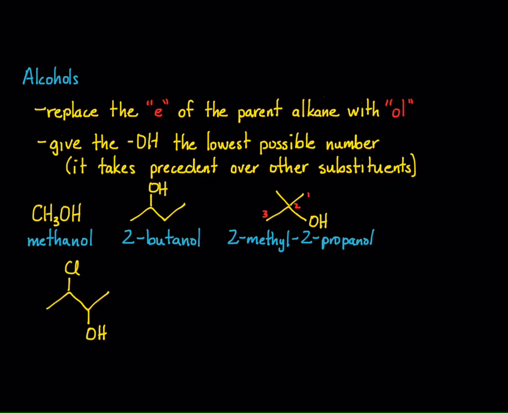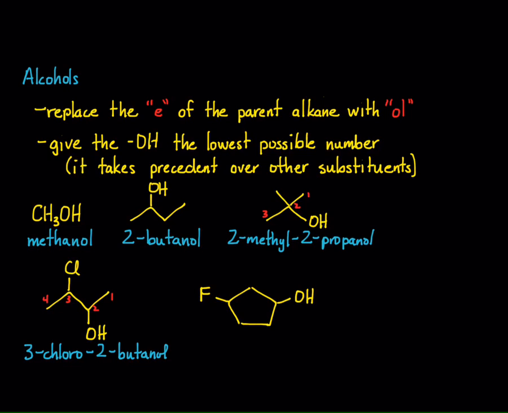But remember, OH takes precedence over all other substituents based on what we know so far, and therefore I have to number this the opposite direction, 1, 2, 3, to give the OH group the lowest locant possible, and therefore this becomes 3-chloro-2-butanol.